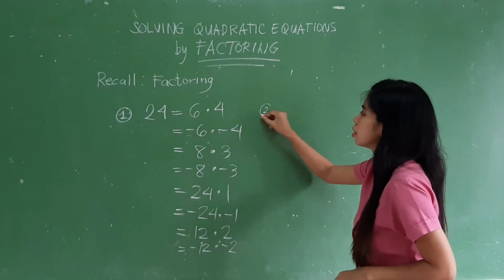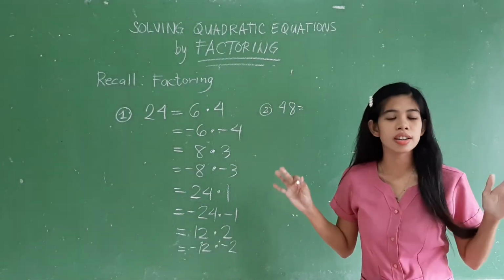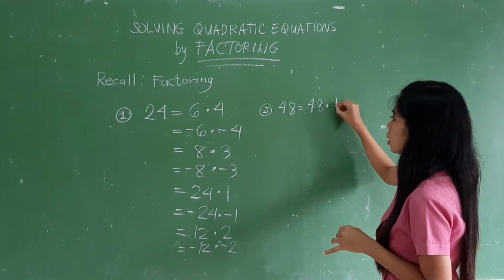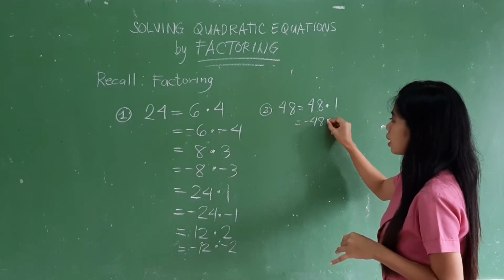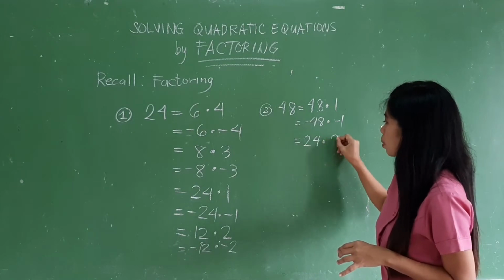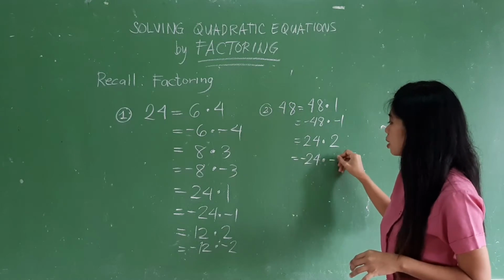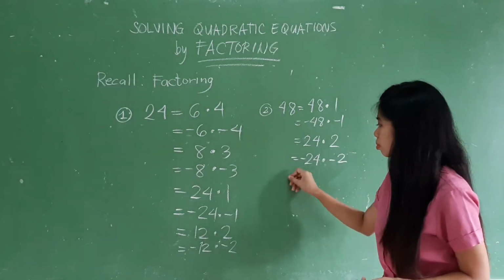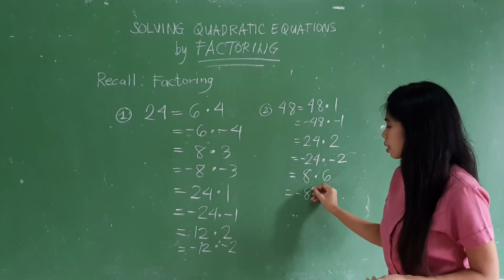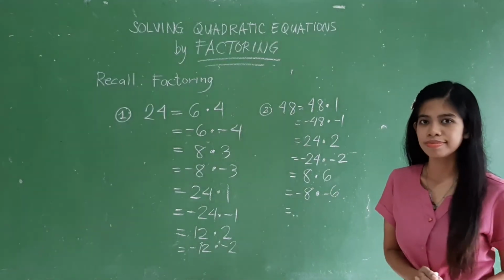How about the factors of 48? So there are a lot of factors of 48. It could be 48 times 1, negative 48 times negative 1, positive 24 times positive 2, negative 24 times negative 2, 8 times 6, negative 8 times negative 6, some more.